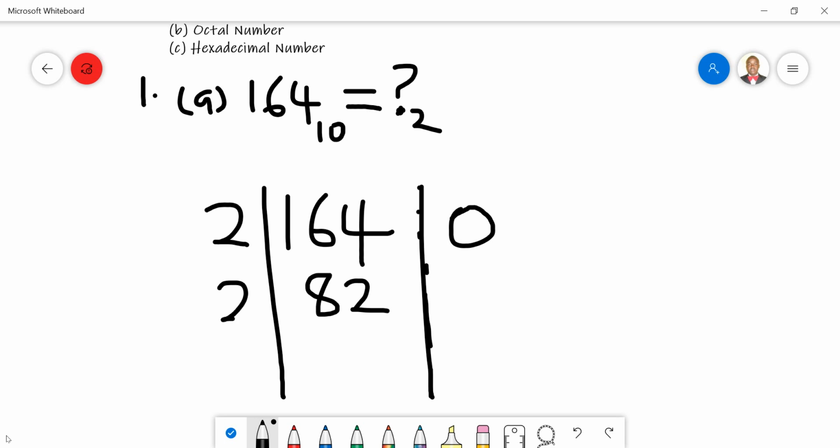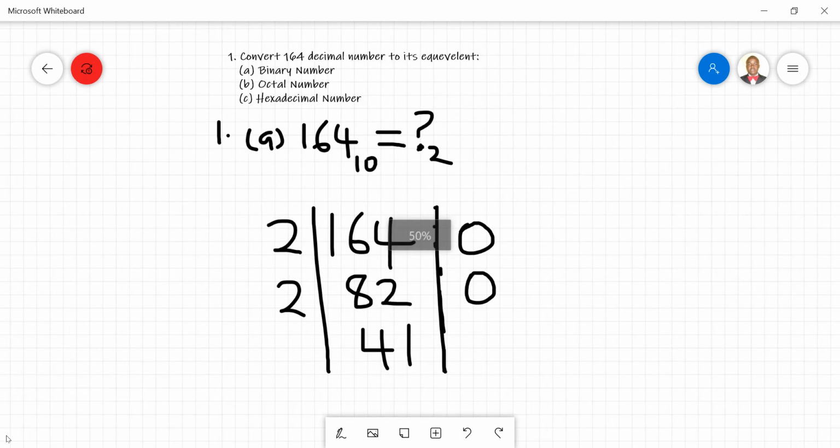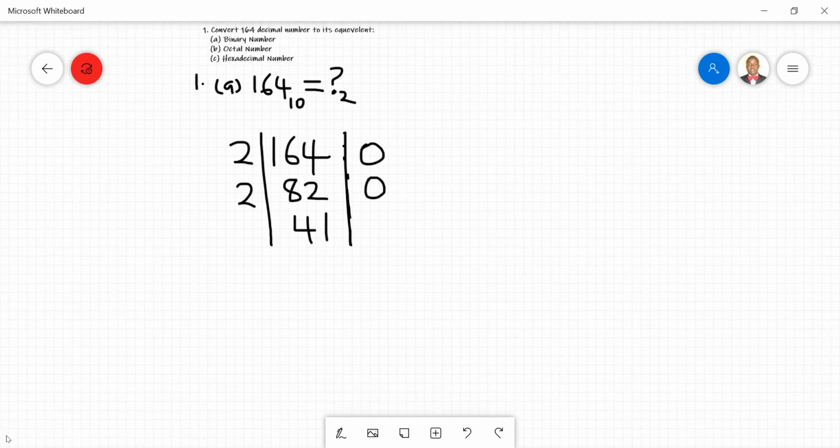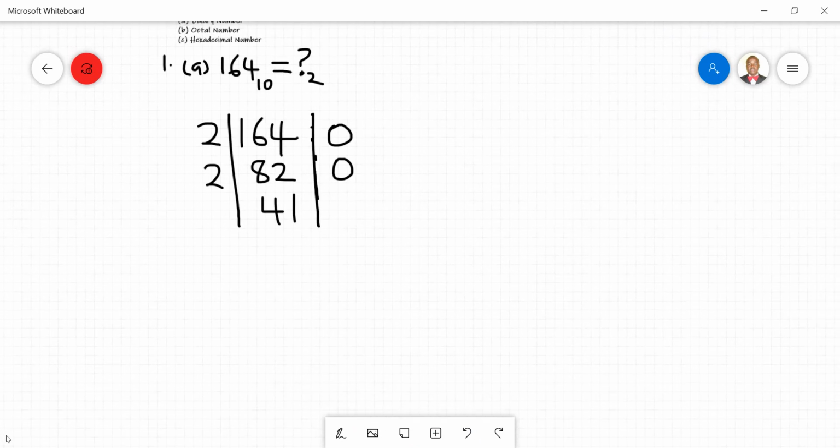Then 2 goes how many times into 82? It goes 41. Does it leave a remainder? No. So if it doesn't leave a remainder, it's 0. You put 0. Let me move it up a little bit so that everyone can see.